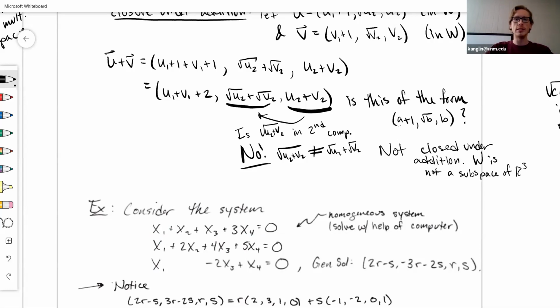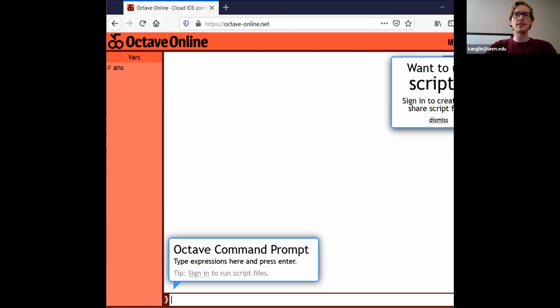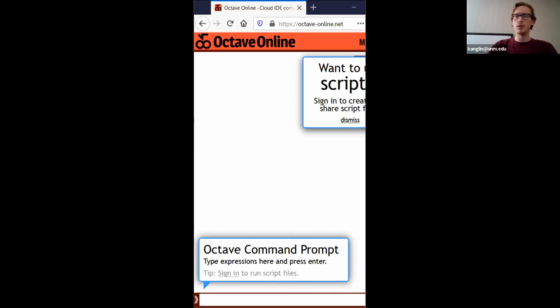So let's take a look at how to do this on a computer. Let me share Octave with you. To do this, I am going to set up an augmented matrix for my system.